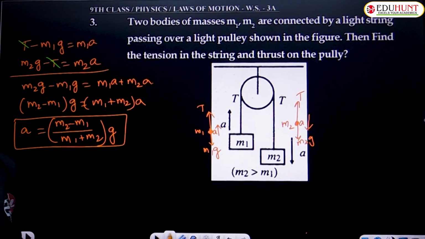So the acceleration of the system is (M2 minus M1) upon (M1 plus M2) into G.